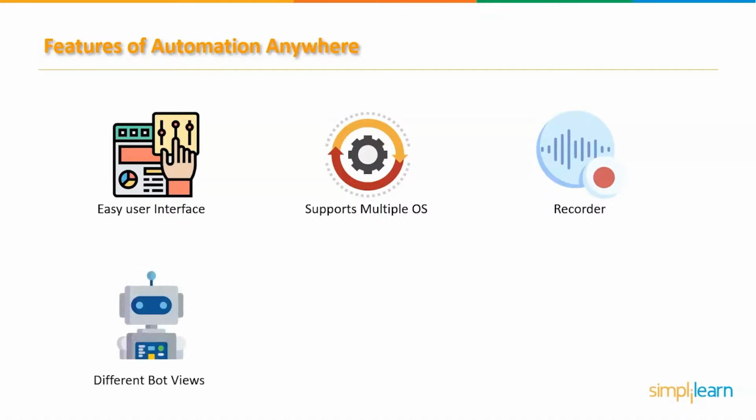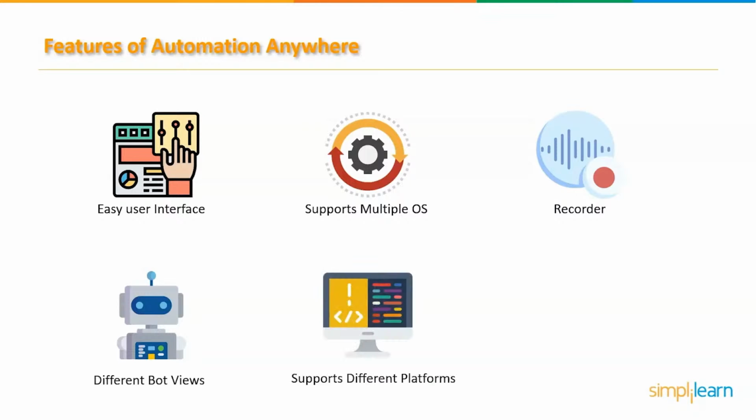It consists of different bot views: flow view for business users, list view for developers, and dual view for collaboration. Automation Anywhere supports platforms like JavaScript, Python, and VBScript, as well as advanced variable capabilities. Another key feature is its versatile architecture that allows for the addition of new command packages.